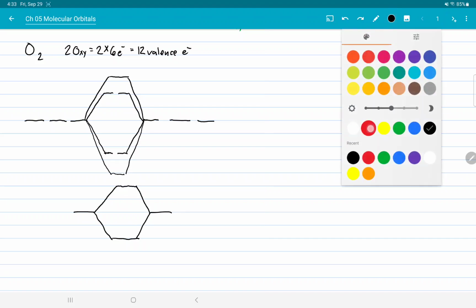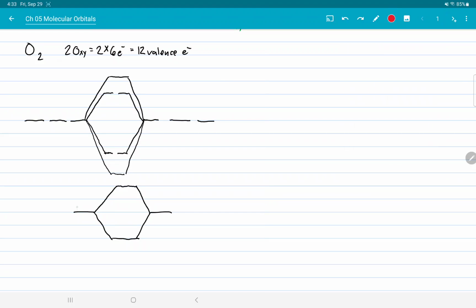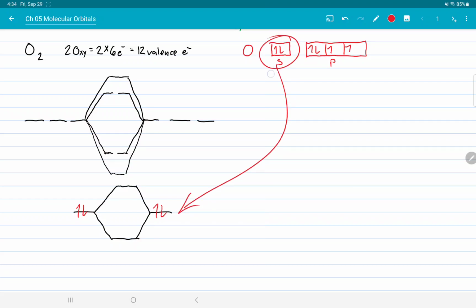Okay, so 12 electrons. Let's go for it. We have 1, 2, 3, 4. Again, as we look at just the oxygen, those 6 valence electrons that it brings to the party, it would have a pair in the s orbital, so that's 2, and 3, 4, 5, 6 in the p orbitals.